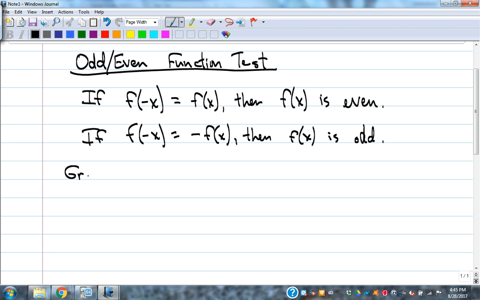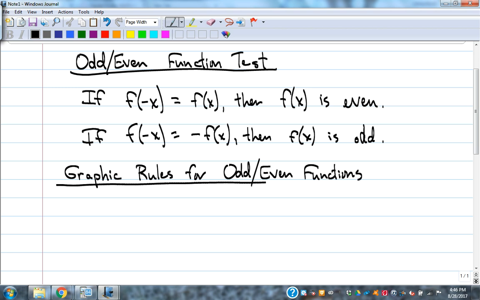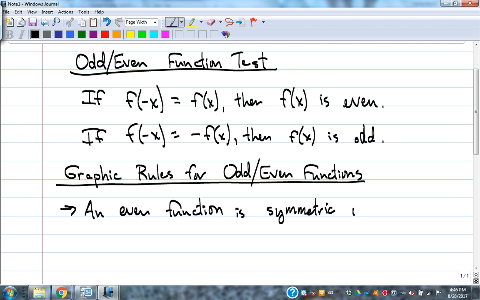But the graphic rules. By graphic rules, I mean what the graph looks like. Graphic rules for odd or even functions. An even function is symmetric with respect to the y-axis.